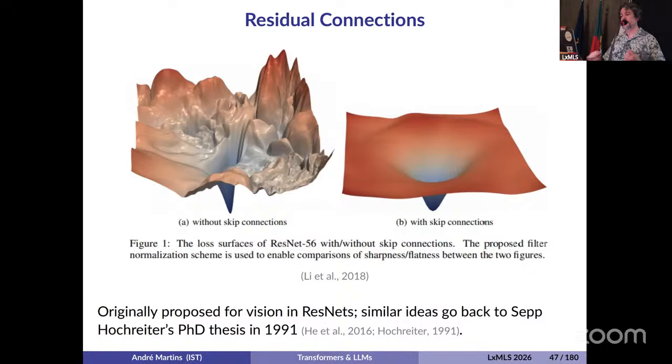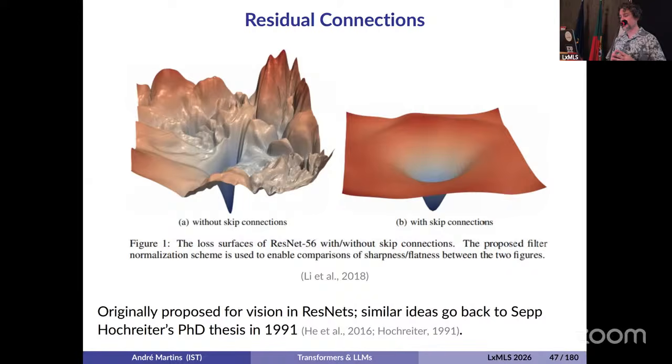If we take a vanilla feed-forward neural network without skip connections, the loss landscape looks more or less like this. But if you add some shortcuts, some residual connections similar to the example that I was showing in the previous slides, this has the effect of smoothing the loss function landscape.